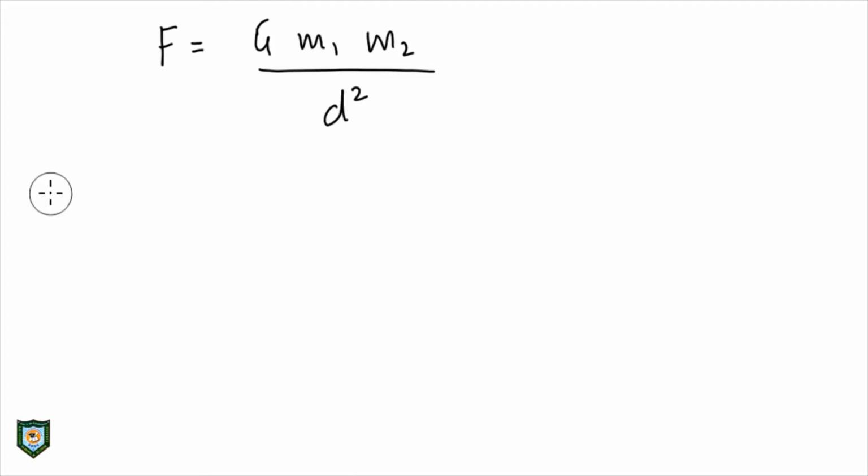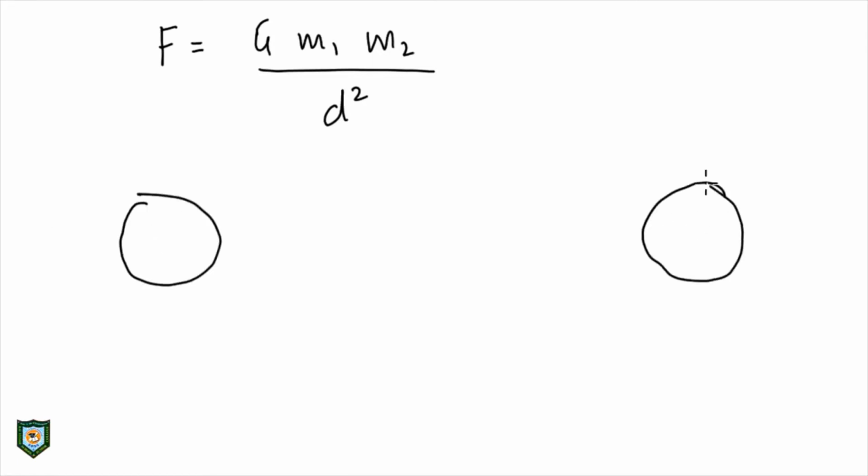That means they have assumed that there is a ball here and there is another ball here, or you can rather say an object. It does not matter if it is a ball. The only thing that matters is both the objects have some kind of mass. This is 1 kg, and this is 1 kg.